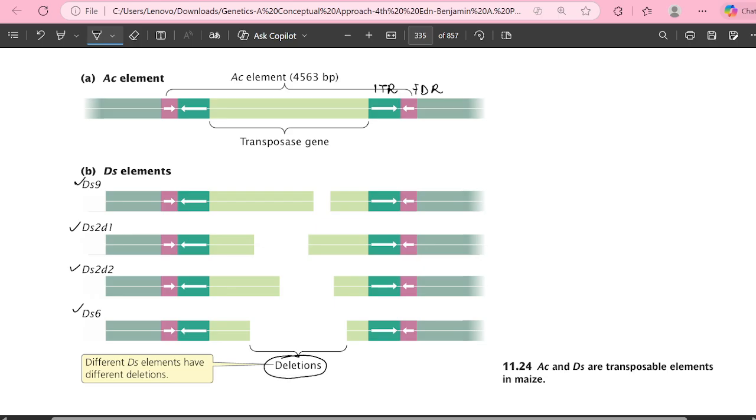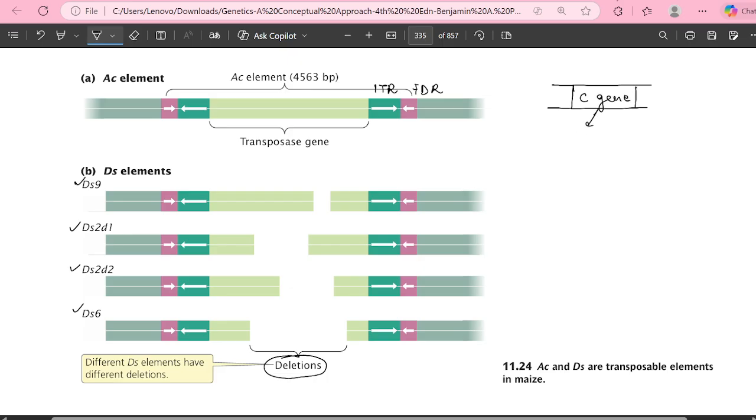Mainly, for the pigmentation in the kernel of maize, the DS elements are responsible. But these DS elements first have to move from their original place and be inserted into the gene which causes the pigmentation. That pigmentation gene in maize is the C gene.